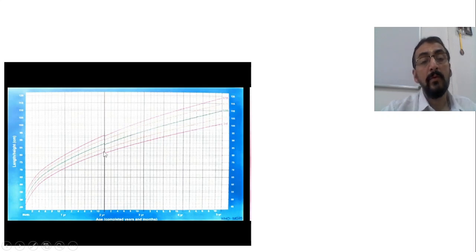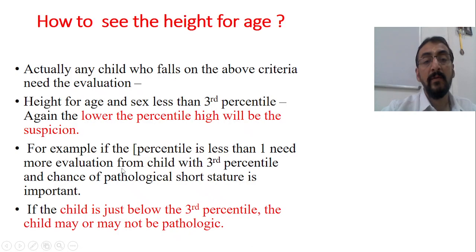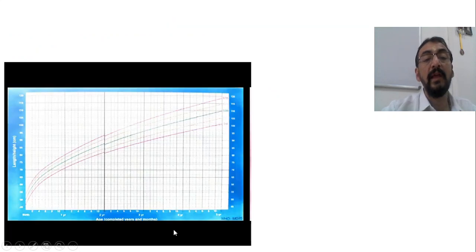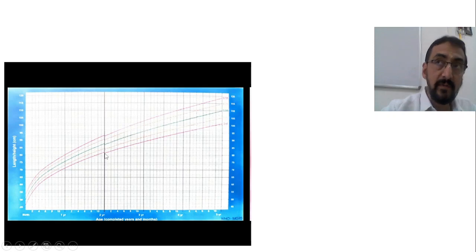This is just above the line of the third percentile. So they are telling, another child is a 2 year old child and has 75 centimeter. When you plot it, it is around the 15th percentile, which is fairly okay for the age. This child is not falling in short stature.